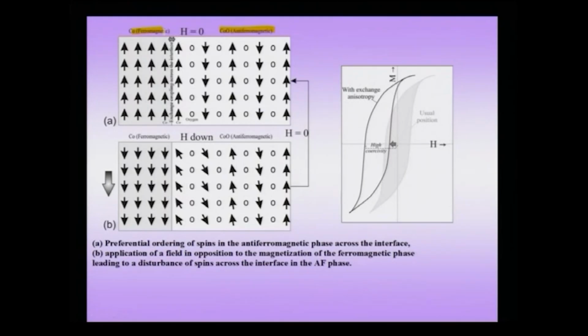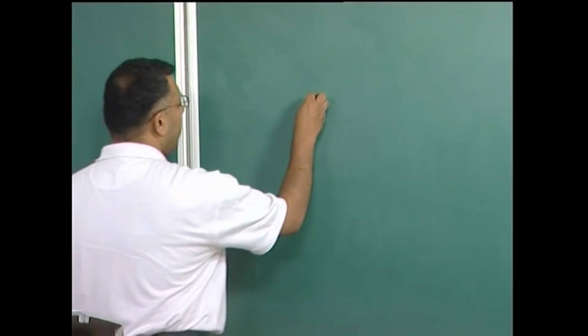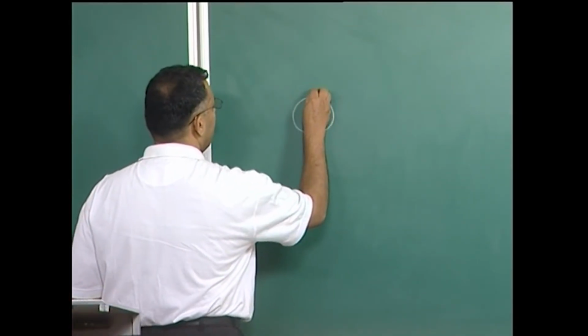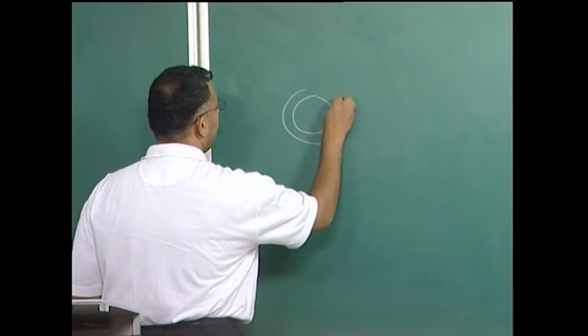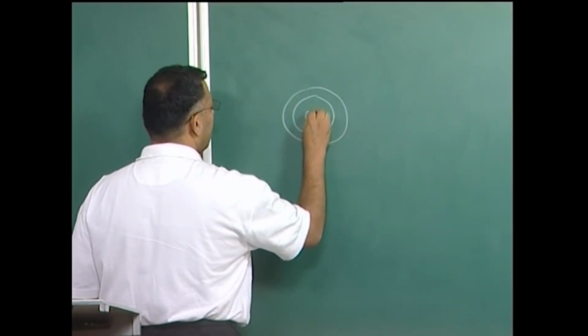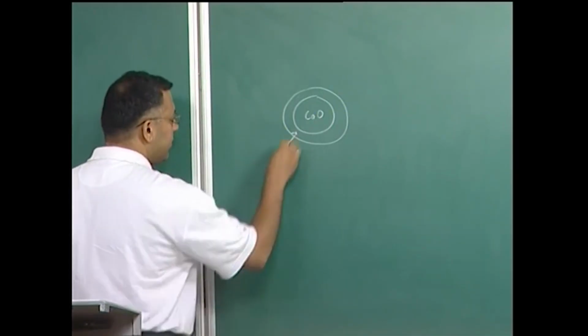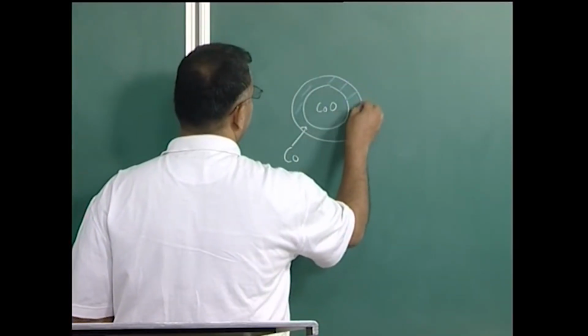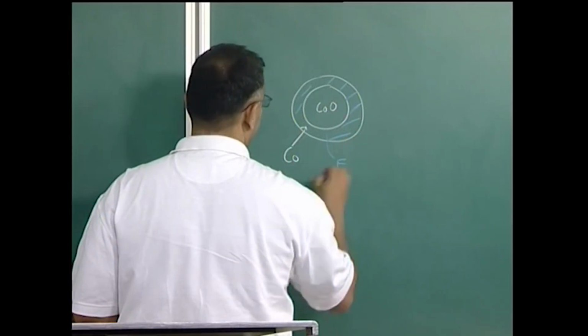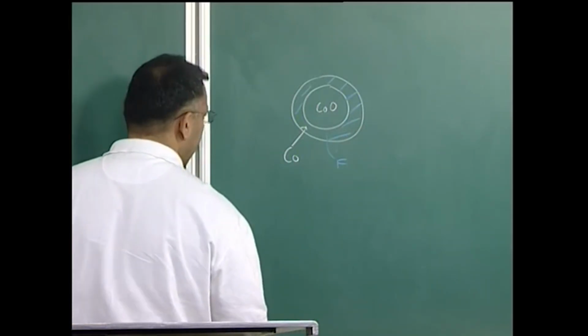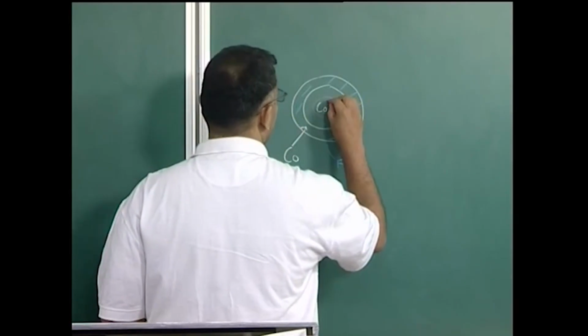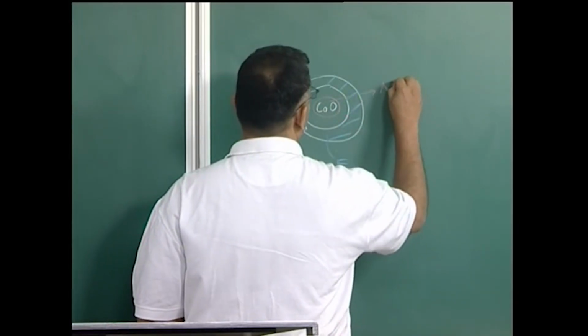Though we are showing it here as a linear configuration, in reality this could actually be a particle, like a core shell kind of structure, which we have dealt with before, and this could be the CoO particle, and this could be the Co, and this external layer is the ferromagnetic layer. So, the inside layer, the core of this structure, is the antiferromagnetic layer.